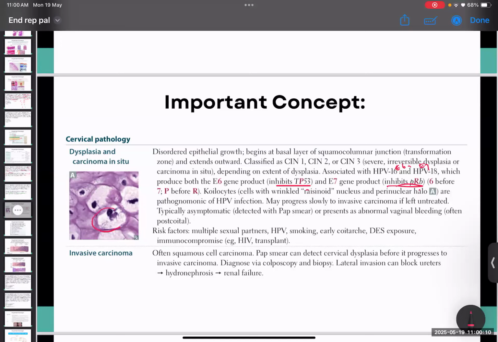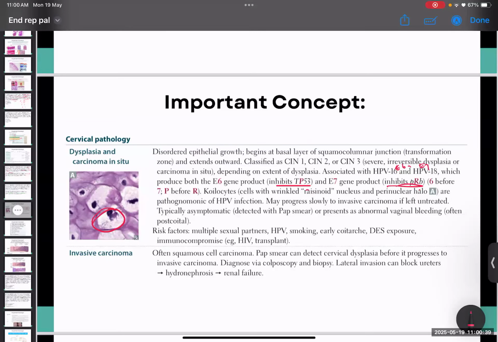And you will see koilocytes here, which are cells that have a halo around the nucleus. These are usually pathognomonic for HPV infections, and this can progress to invasive carcinoma if left untreated. It's usually asymptomatic, so you have to do a pap smear on a 3-year basis, and it will mostly present as abnormal vaginal bleeding.